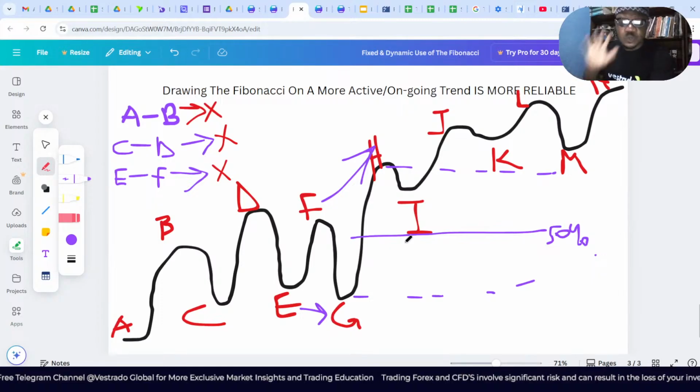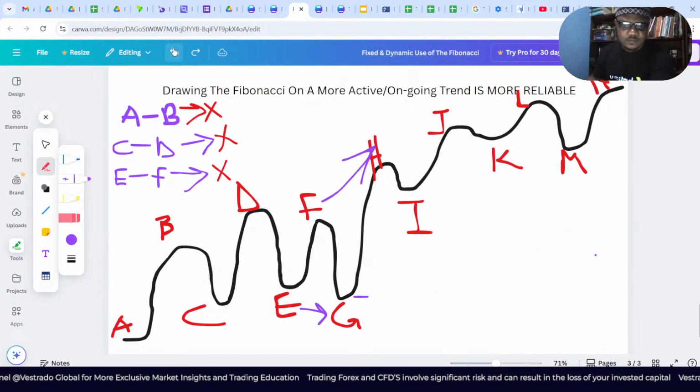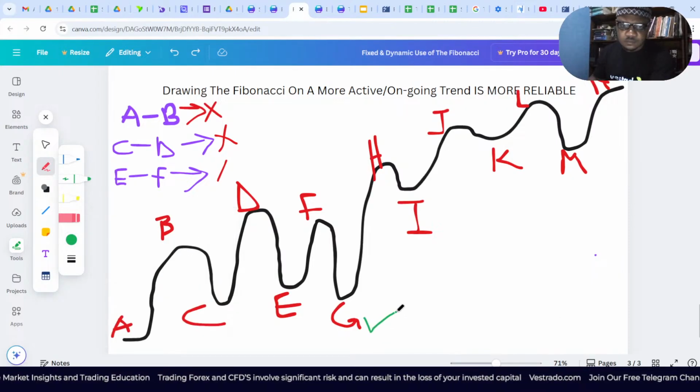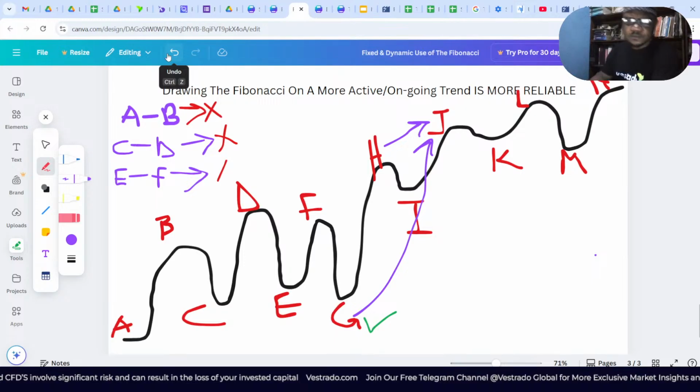What do we do? We leave G as it is. H shifts to J. So now we're drawing from G to J. Okay?